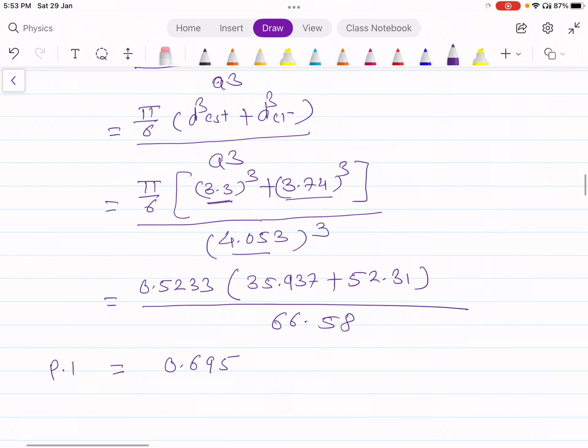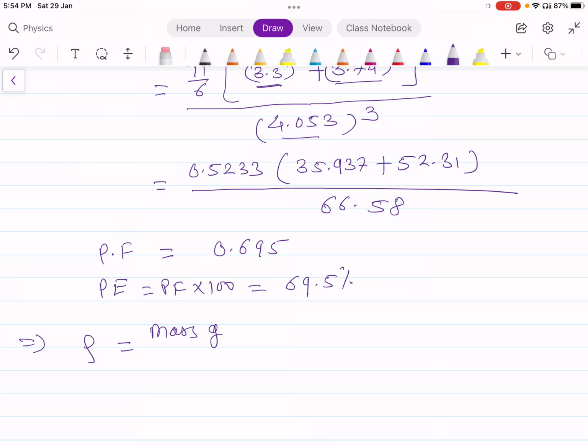Then last what we have to find is density, rho. Now you know the density is nothing but mass by volume. We are going to use that formula, mass by volume. In this case it is the mass of atoms in the unit cell divided by volume of unit cell.